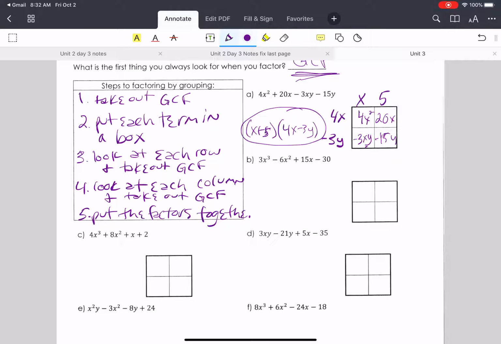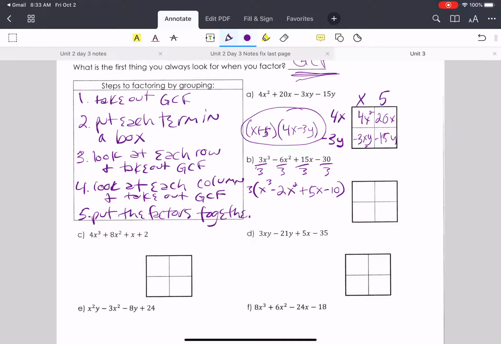It's 3. I got to pull that GCF out or it's not going to work. The box is not going to work. So I got to start by taking the 3 out of everything. So it'd be 3x cubed minus 2x squared plus 5x minus 10. If I don't pull that GCF out before I put my pieces in the box, then it's not going to work. You have to have a greatest common factor for all 4 numbers.